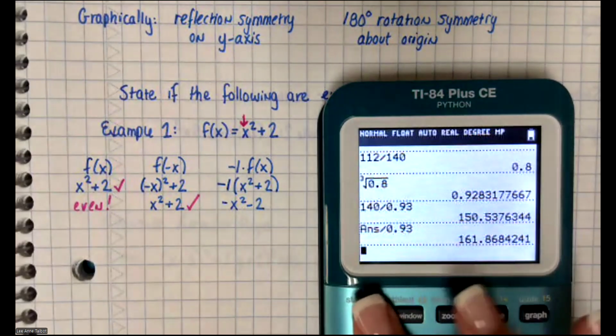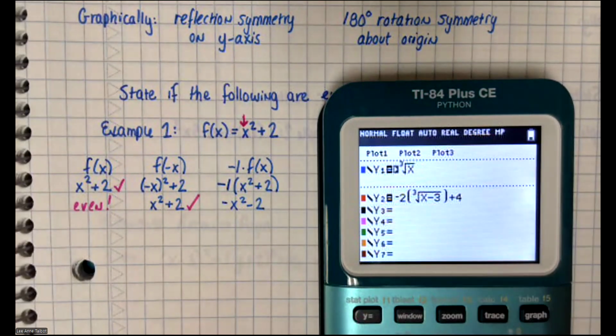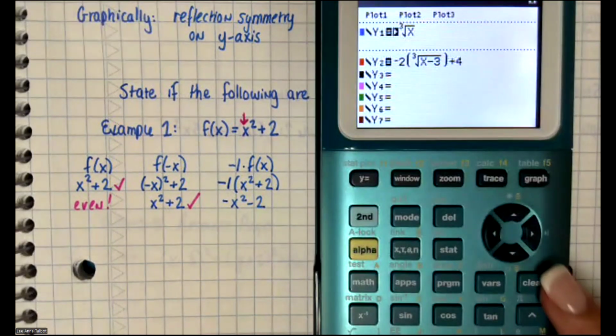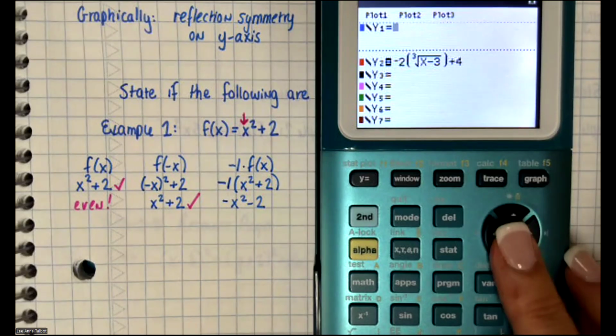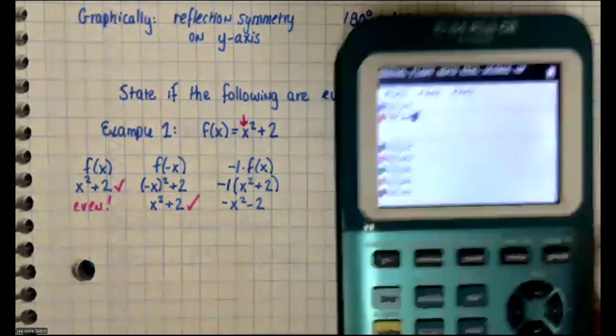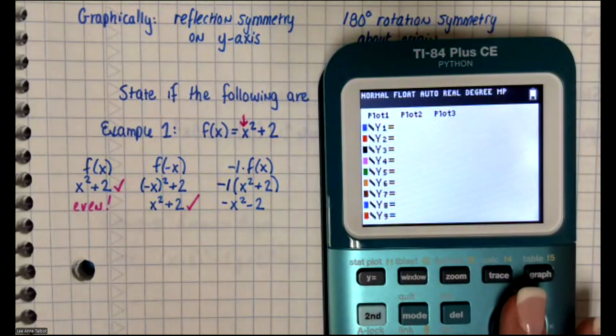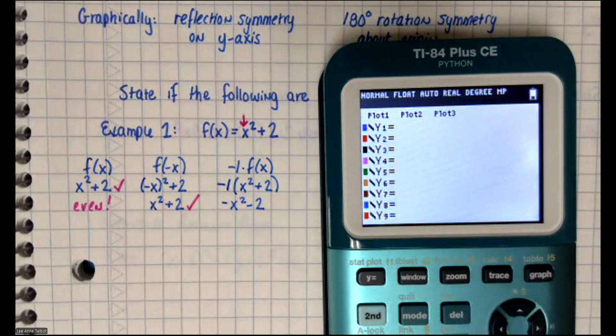So you're going to go to y equals. And if you've got some stuff in there, just hit the clear button, which is over here. Just clear anything out that's in there. Also, if you're using one of my calculators, you need to make sure that all of the plots on the top, none of them are highlighted.